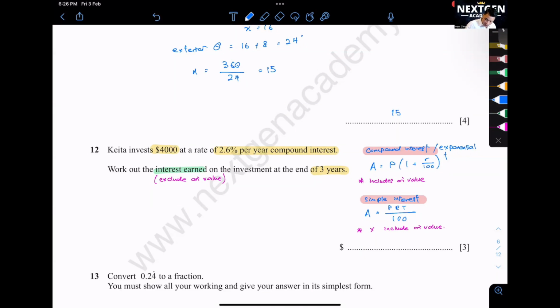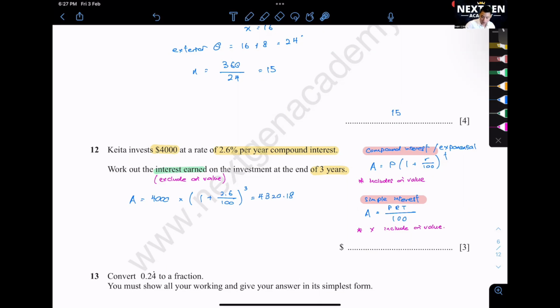So your A is equal to 4,000 times 1 plus 2.6%, so 2.6, to the power of 3. Okay, very good, Wenxuan. You will get this total first: 4320.18.